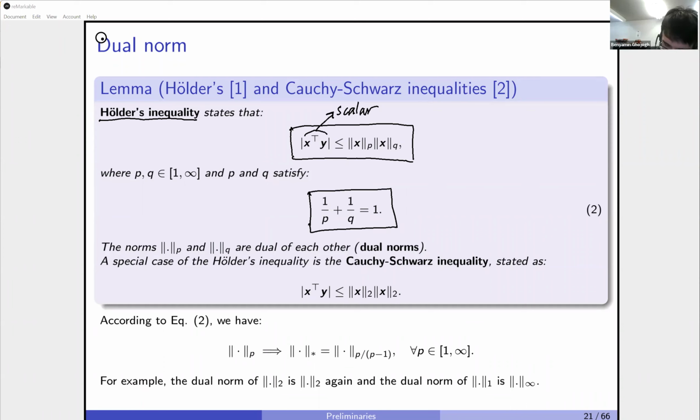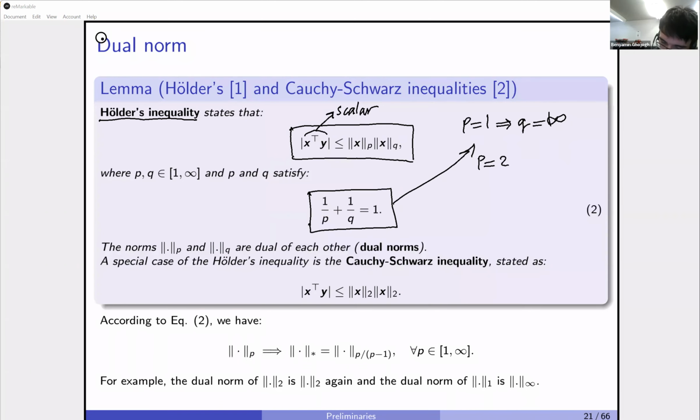We'll see some examples. For example, if you set P to 1, Q will be infinite in this equation, because 1 over 1 is 1, 1 over infinite is 0, and 1 plus 0 is 1.